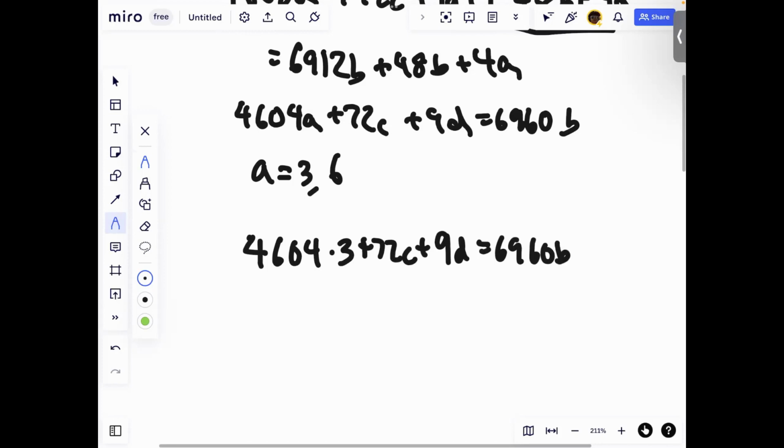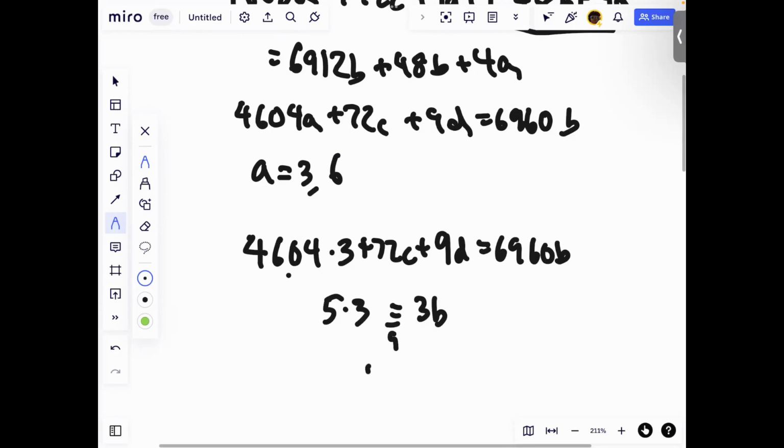If we mod 9, 4604 is 5 mod 9, so 5 times 3 is equal to 3B mod 9, since 72 and 9 are both multiples of 9.